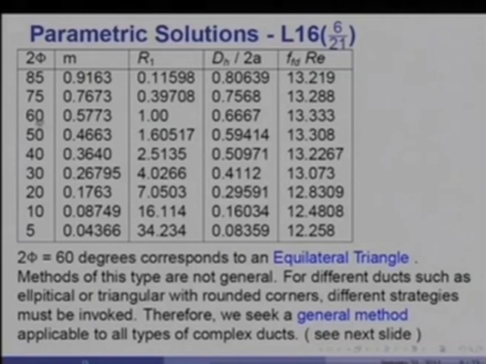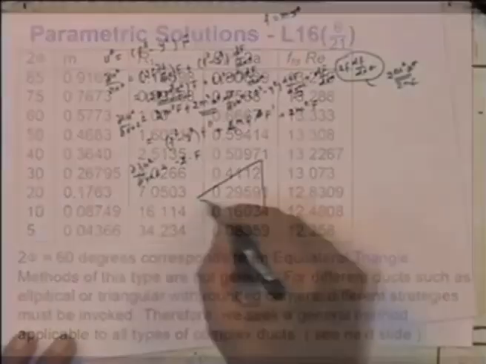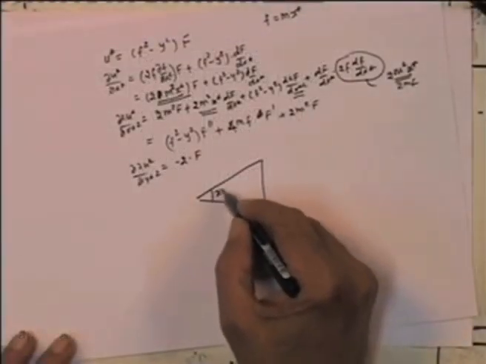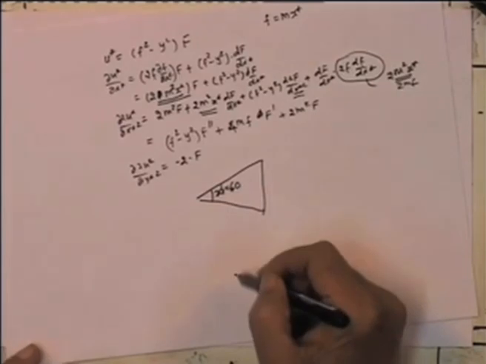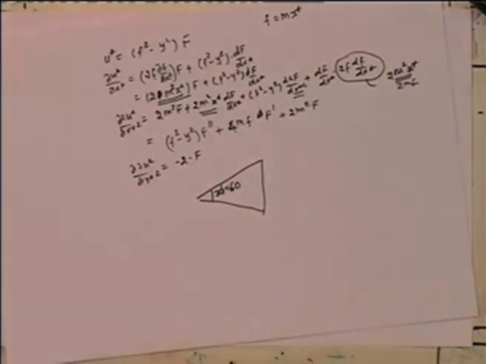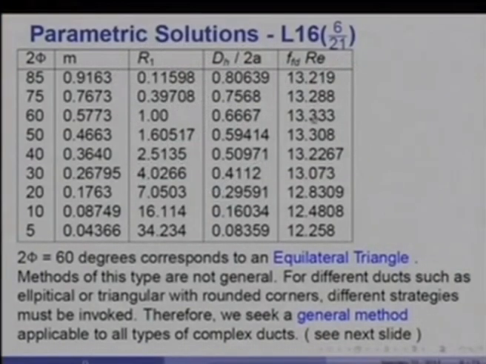A special case is 2 phi equal to 60. Remember, 2 phi equal to 60 would straight away give us an equilateral triangle, for which the friction factor is 13.33. It is an often quoted value. What is less often quoted are the values which I have shown for other angles.